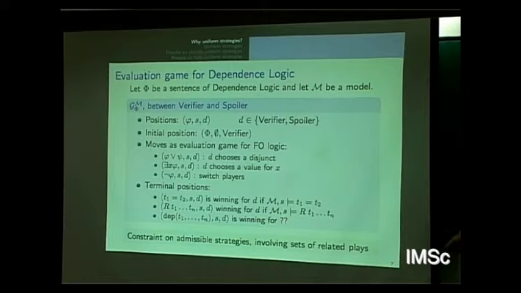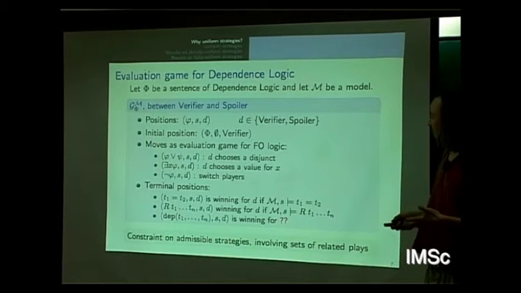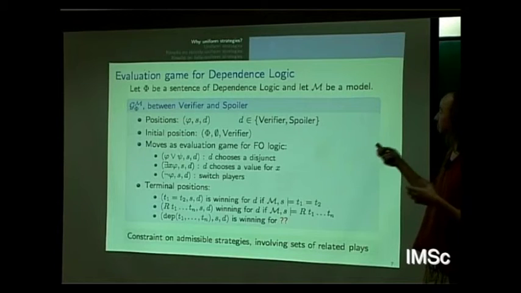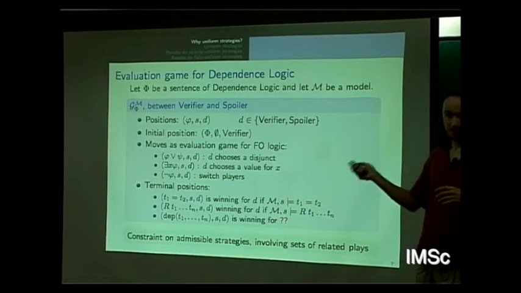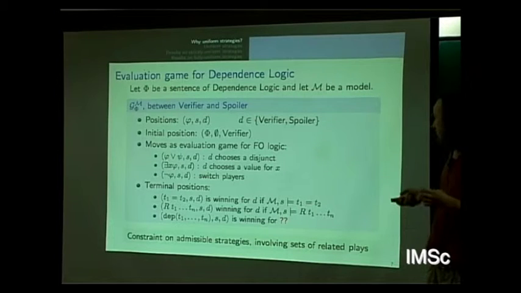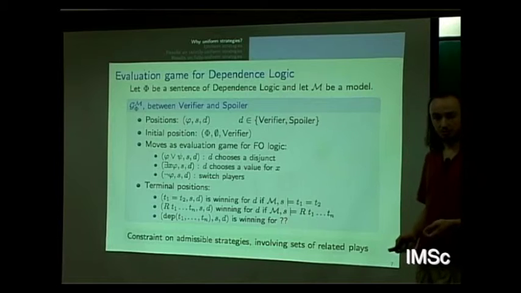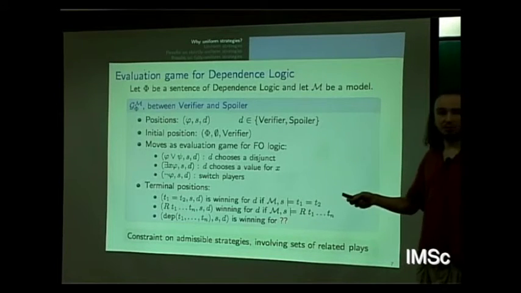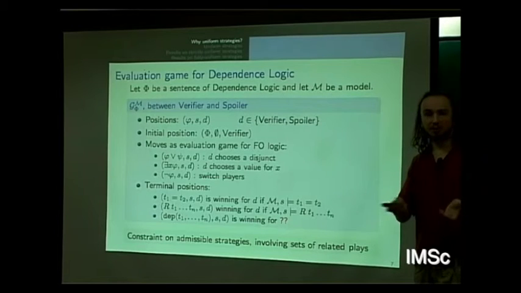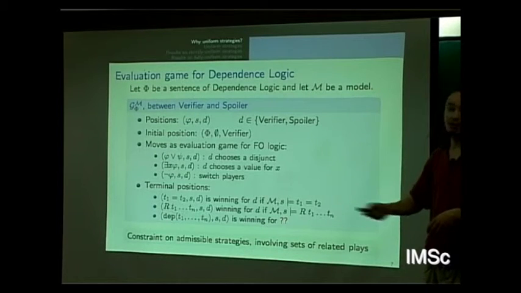So again, in order for your game semantics to be correct with regard to the Tarski style semantics, you need to put a constraint on strategies player one is allowed to use. And this constraint, again, involves sets of related plays. Here, related plays would be those that end up in the same atomic dependence formula.